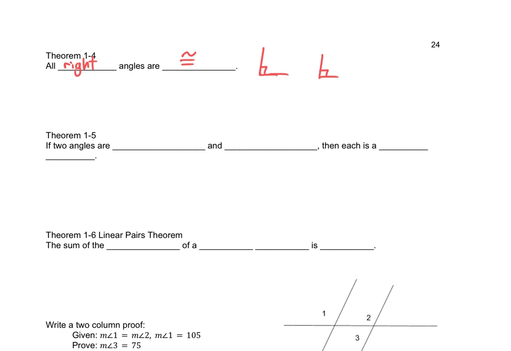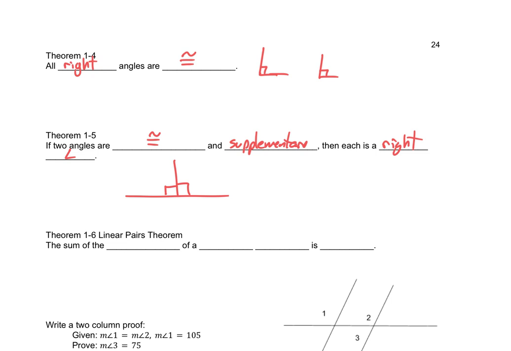Sometimes theorems are obvious and we're like, well, duh, that makes sense. Other times it takes a little bit to understand why they are correct. If two angles are congruent and supplementary, that means if I have two angles that add up to 180 and they're the same, they have to be right angles.